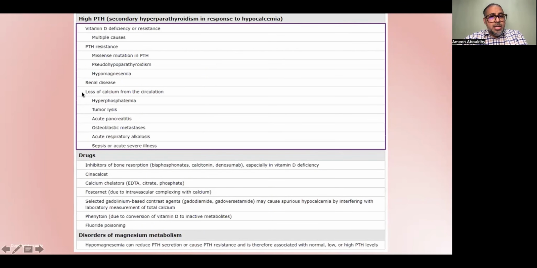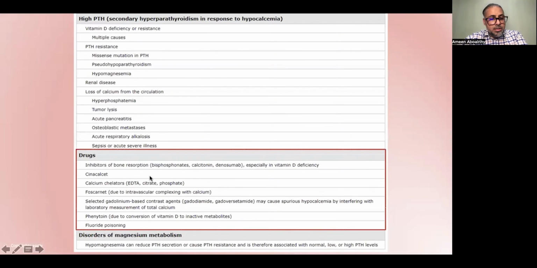So the vitamin D deficiency or resistance, PTH resistance itself, that might be related to hypomagnesemia. We'll talk about this in the coming slides. Kidney diseases, and the list is long. Drugs as well.